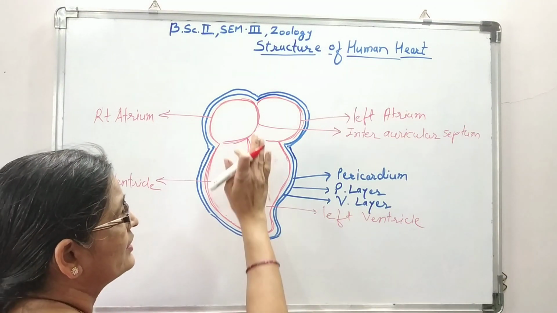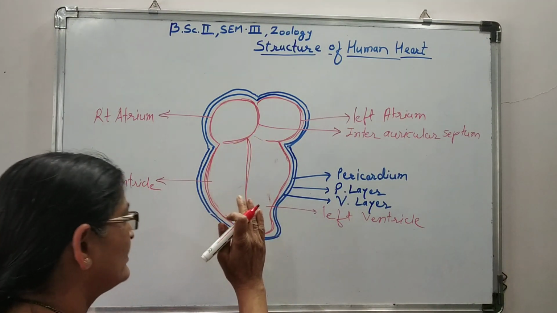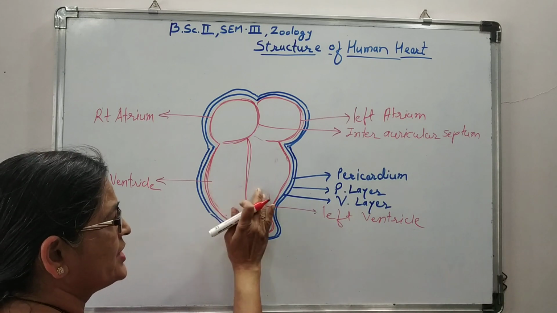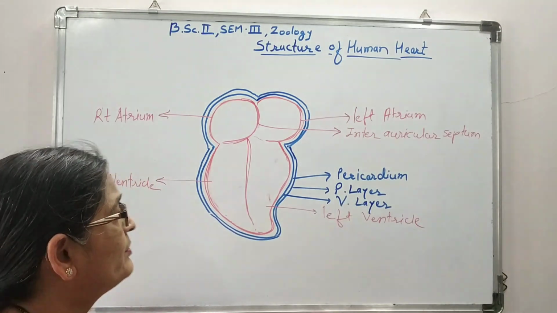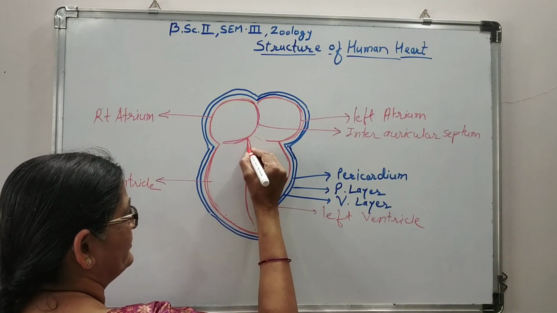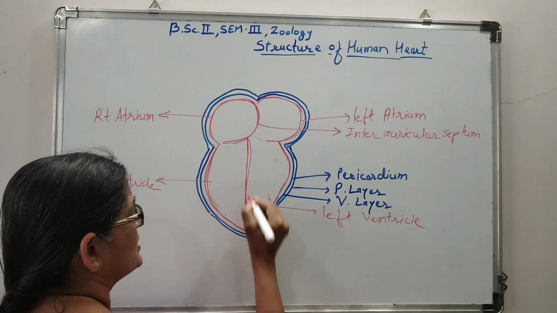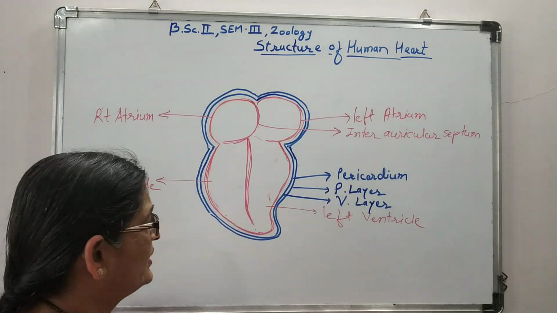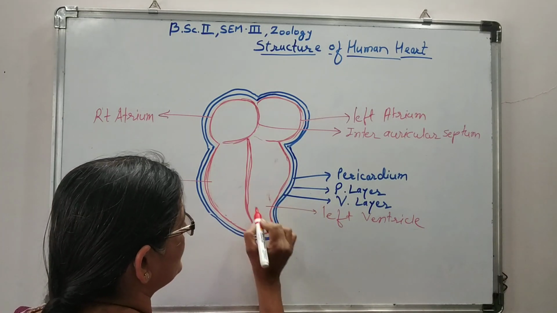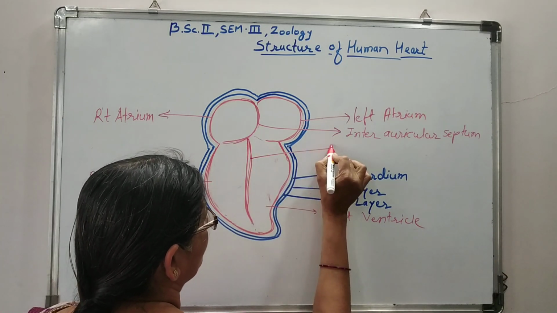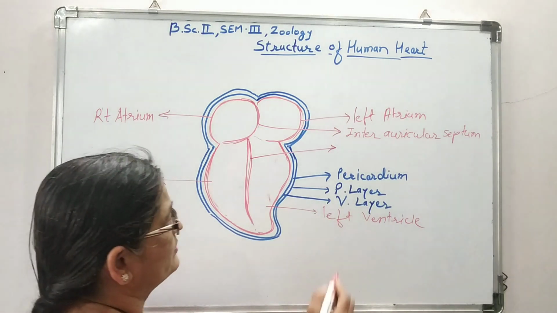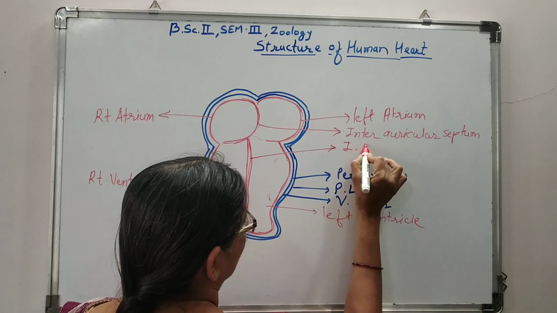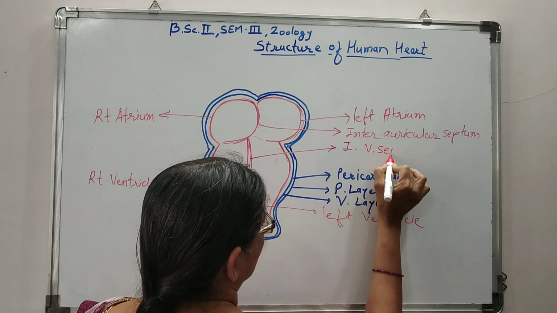Again, like the auricles, these ventricles are also separated by means of a septum. This is the partition in between these two ventricles, and this partition is known as the interventricular septum.